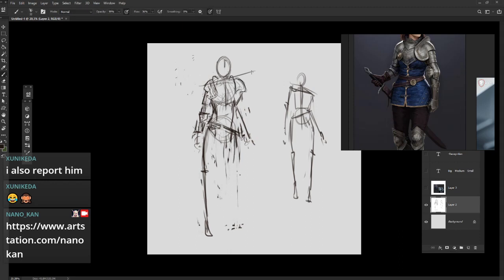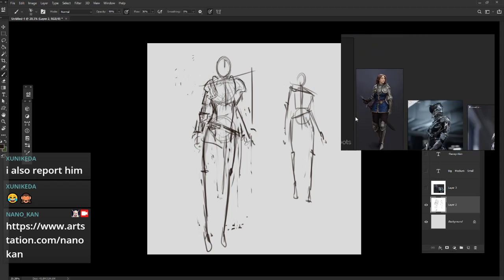And you can also see how big the body is, the height of it, for example, too. Nice. Okay, next.